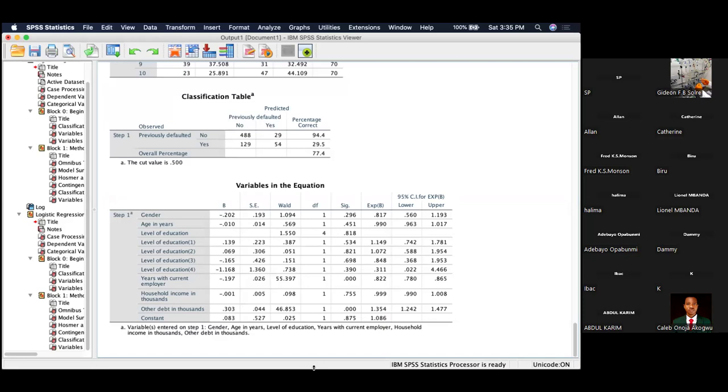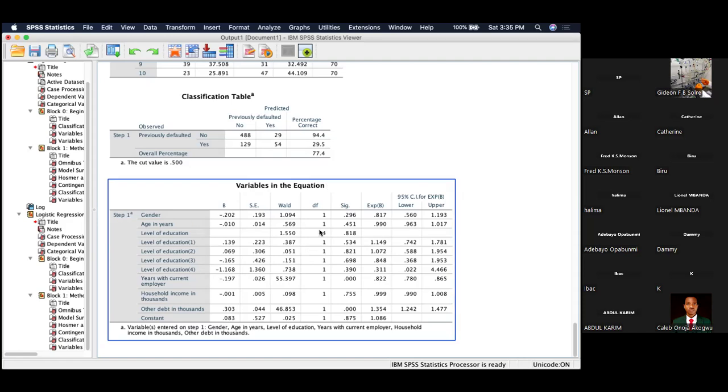So odds ratios are not essentially probabilities. Makes sense? Yes. So that's how you explain the outcomes.